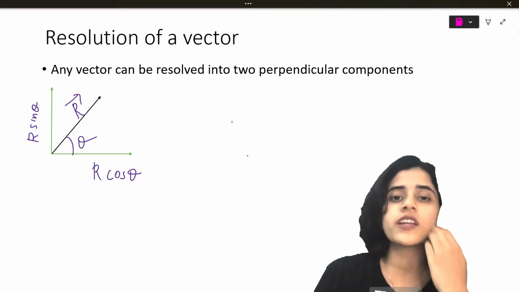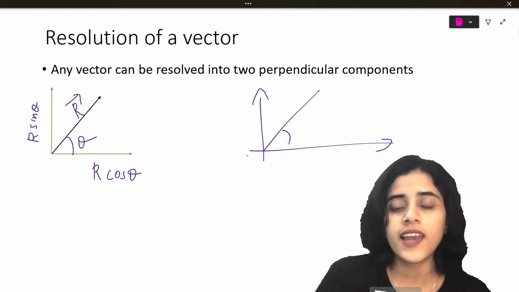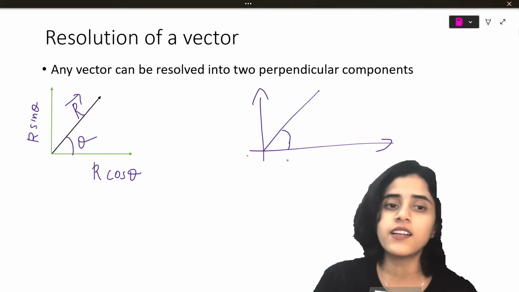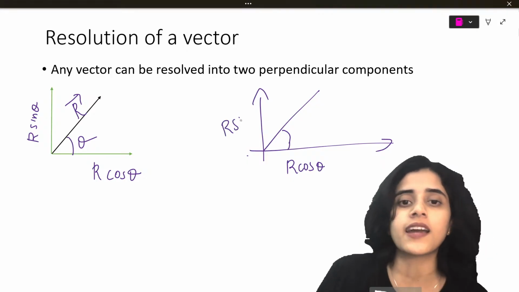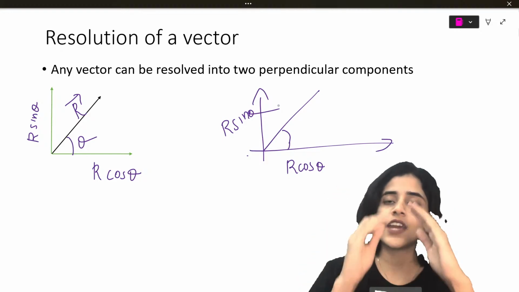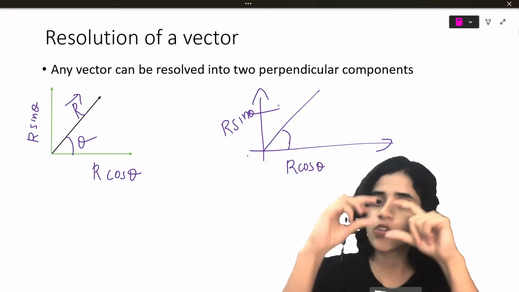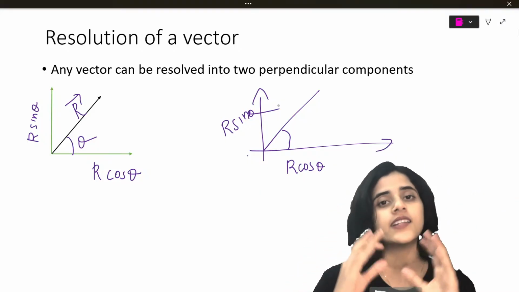How you can remember that: the line close to the angle is r cos theta. The line away from the angle is r sin theta. Put that in your head.